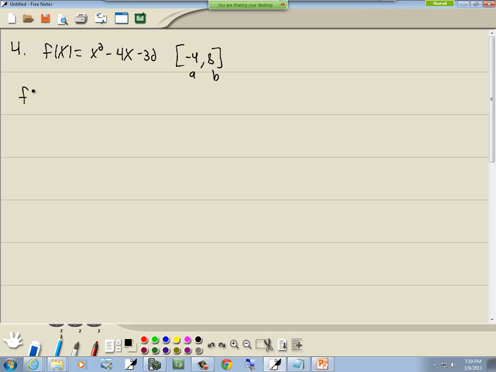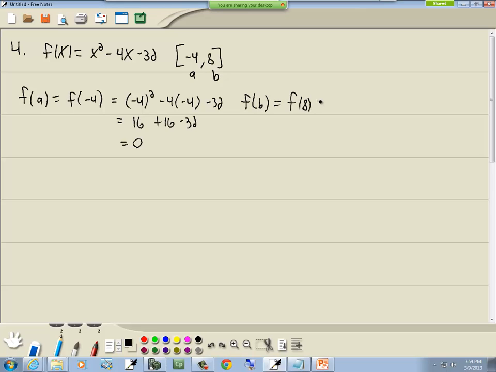So let's first find f of a, which is f of -4. So that's going to give us -4 squared minus 4 times -4 minus 32. -4 squared is 16. -4 times -4 is a positive 16 minus 32, and that gives us 0. Now let's find f of b, which is f of 8.